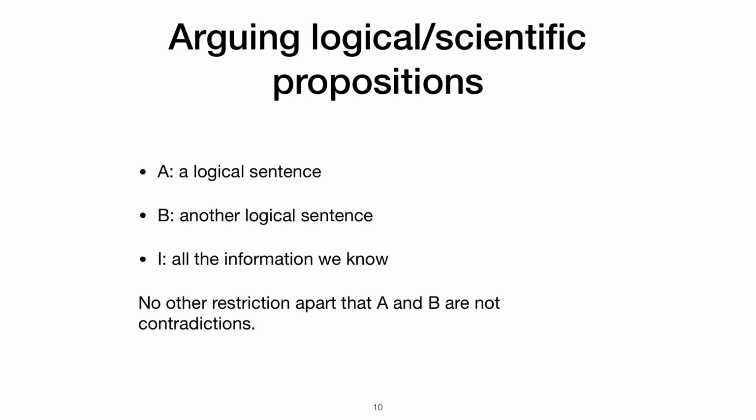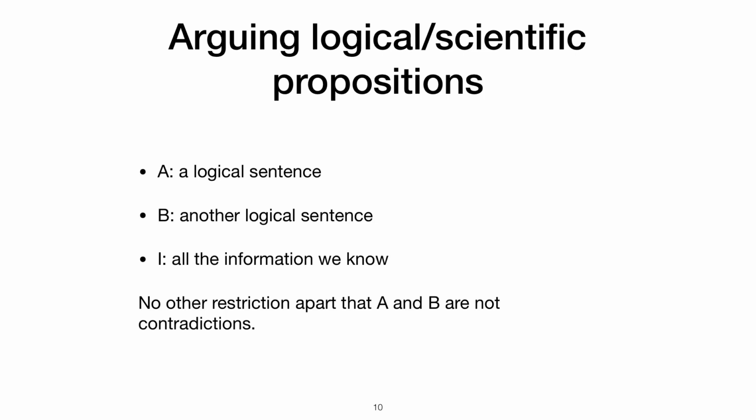To help us in this regard, we're going to introduce a little bit of notation. So I'm going to use A and B to represent any logical sentence. And this is essentially a proposition about the real world that could be either true or false. And I'm going to allow any logical sentence whatsoever as long as they are not contradictions.